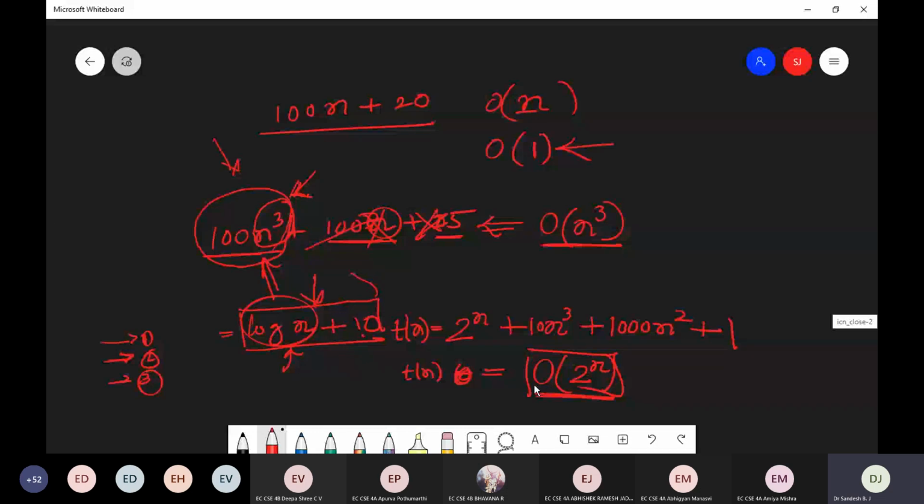So this is how we are going to look for efficiencies. We are looking at the orders of growth of the most basic operation which contributes to most of the running time.